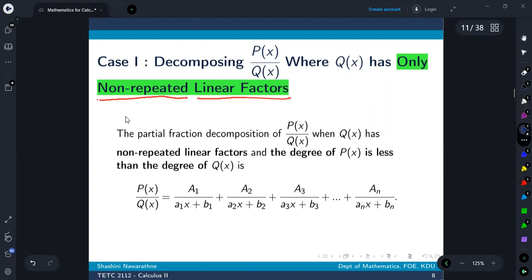If we are considering this polynomial Q(x), and we have obtained the factors of this polynomial as a1x + b1, a2x + b2, up to anx + bn, then these are linear factors.